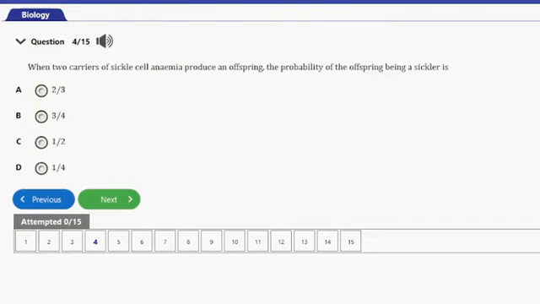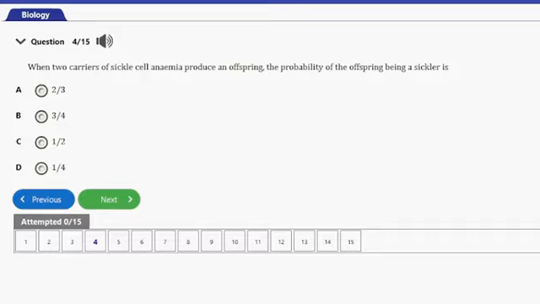Let's consider the next question, question number 4 here. When two carriers of sickle cell anemia produce an offspring, the probability of the offspring being a sickler is A, 2 over 3, B, 3 over 4, C, 1 over 2, D, 1 over 4. Obviously, the answer to this question is 1 over 4.